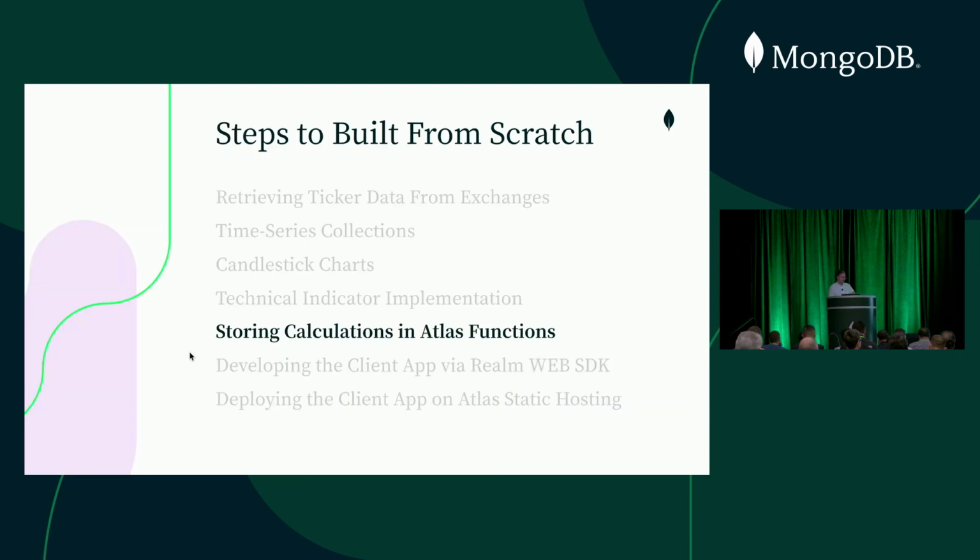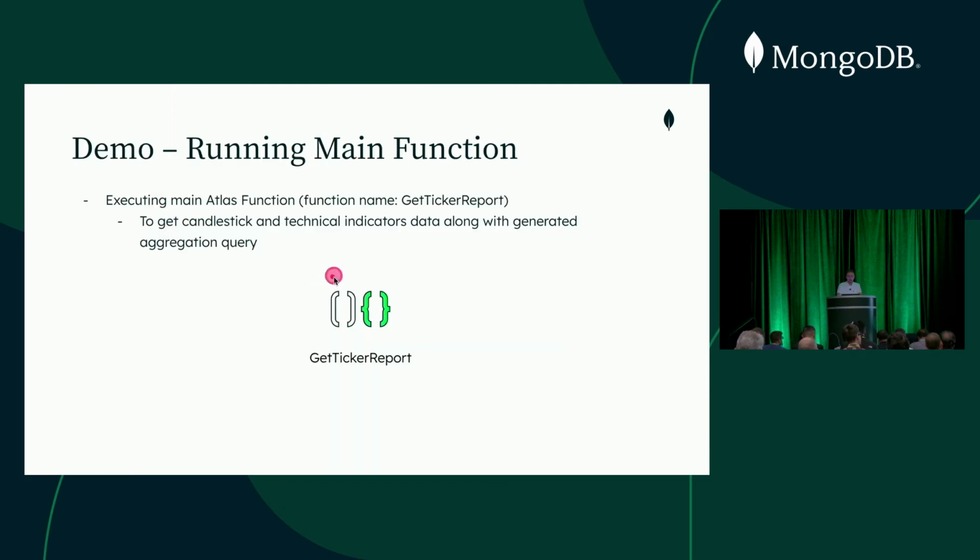All right, so far I have explained how technical indicators would be calculated. So how do I embed this logic in my App Services application? Basically, I have one main function in App Services.